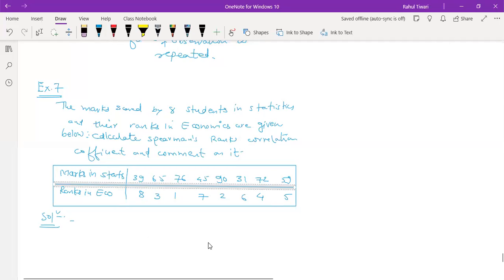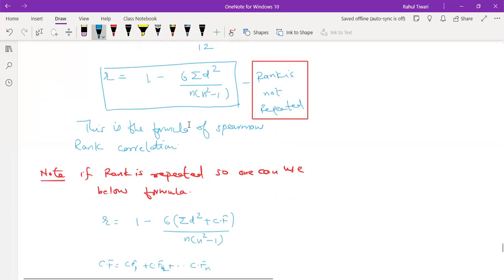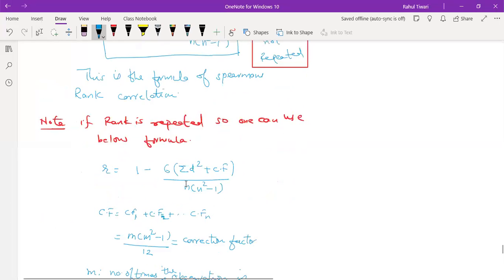So this is some raw data we have. Okay. So how do you calculate? See, even if I do not mention here Spearman, I will just simply say calculate correlation coefficient. I will not say Spearman rank correlation. But here they have mentioned Spearman. That means you know that I have to use this formula, right? Or this formula.